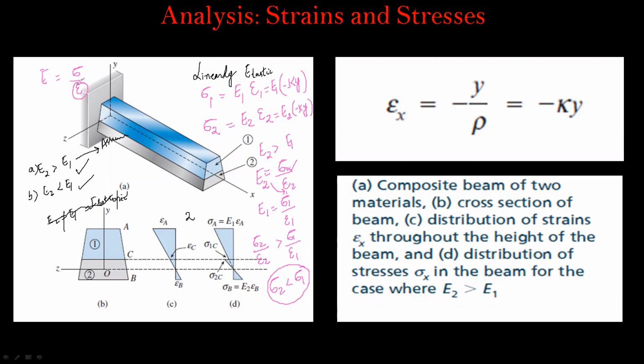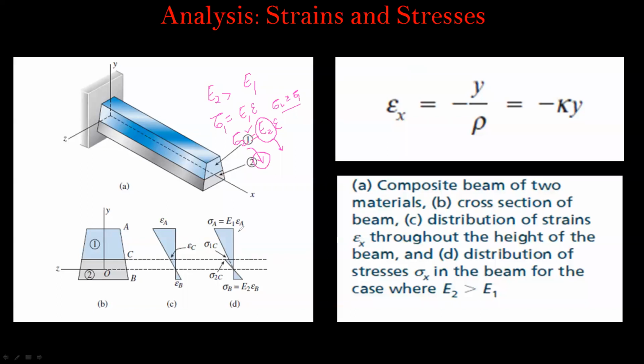So when we are having E2 greater than E1, it means the amount of stress required to produce unit strain in material 2 is more than the amount of stress required to produce unit strain in material 1. It's like this.